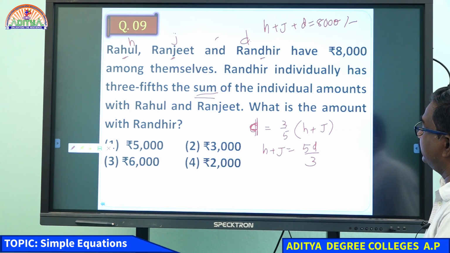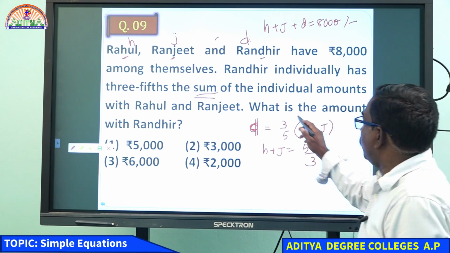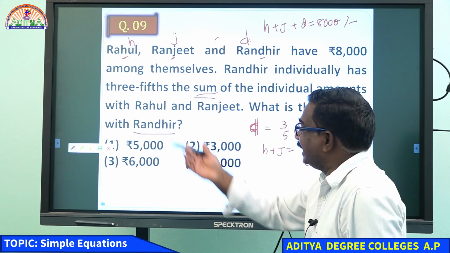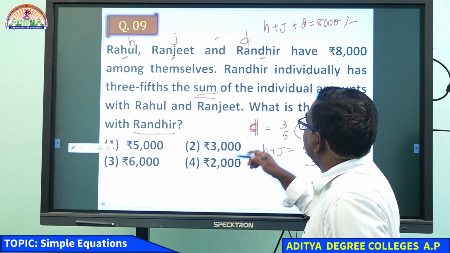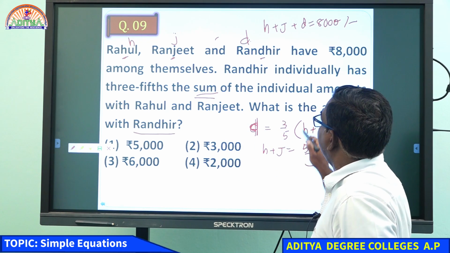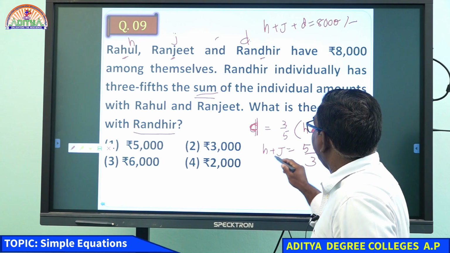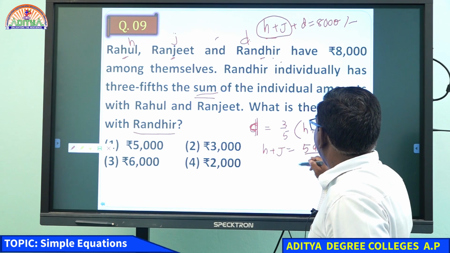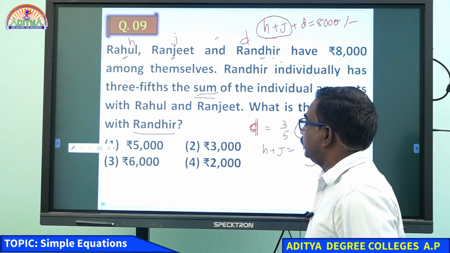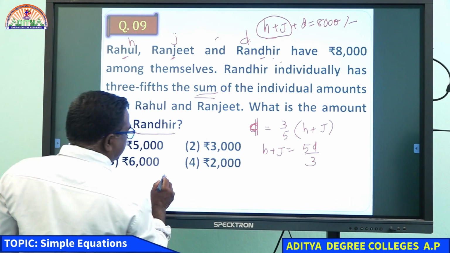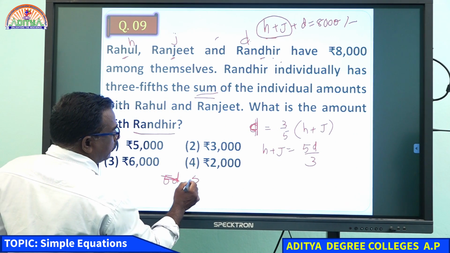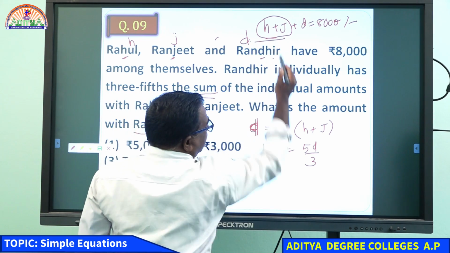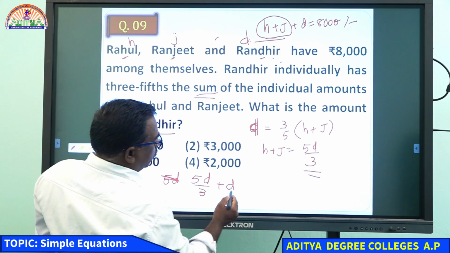Is there any second condition? What amount with Ranadhir is being asked? There is no second condition. Ranadhir's amount means D. So in the place of H plus J, we can replace 5D by 3: 5D by 3 plus D equal to 8,000.